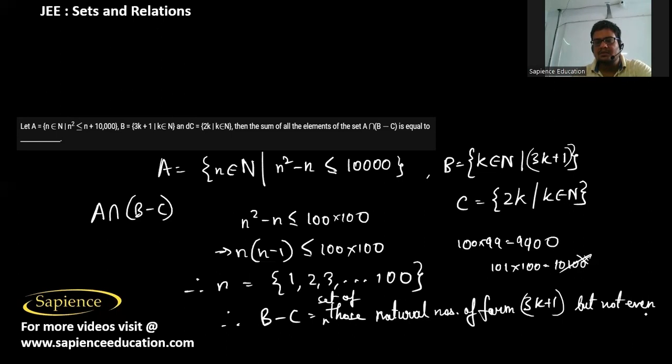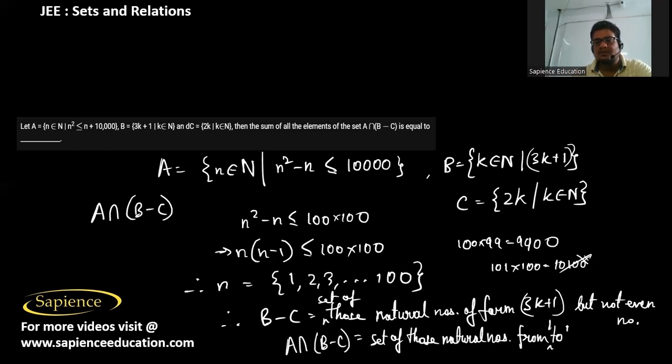And for A intersection (B minus C), we have to find the set of those natural numbers from 1 to 100 of the form 3k plus 1, which is not even, means which is an odd number.